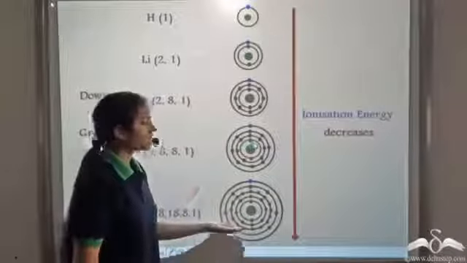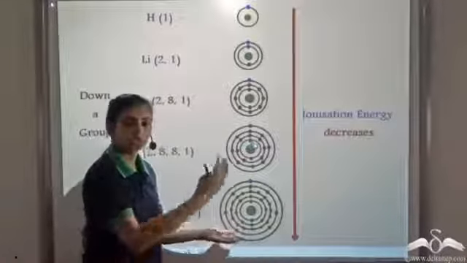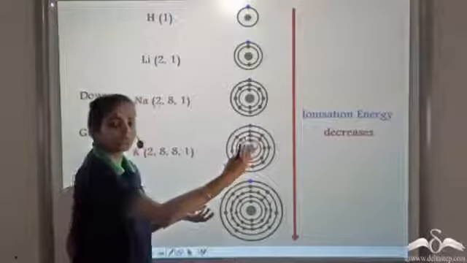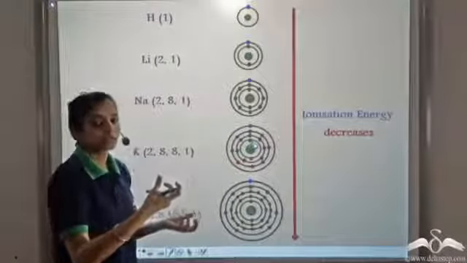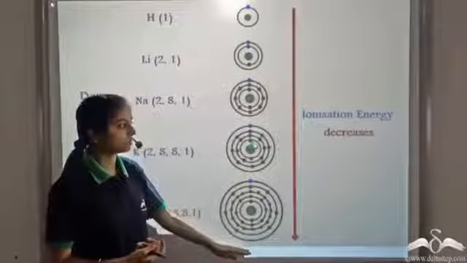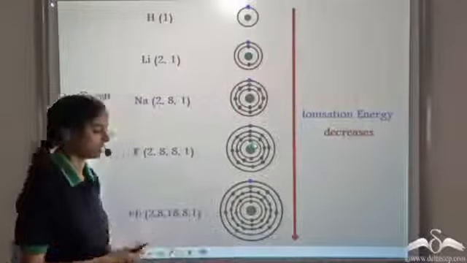As the size increases on moving from top to bottom in a group, the outermost shell electrons are away from the nucleus, so to remove the outermost electrons, we need lesser energy. And so on moving from top to bottom in a group, the ionization energy decreases.